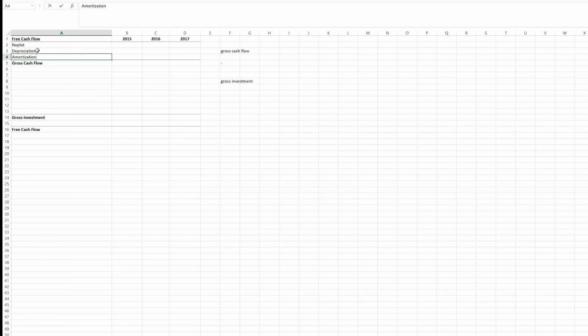So here it's just amortization of capitalized software. So NOPLAT, depreciation, and amortization of capitalized software.